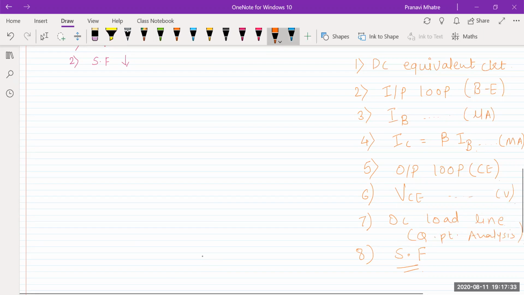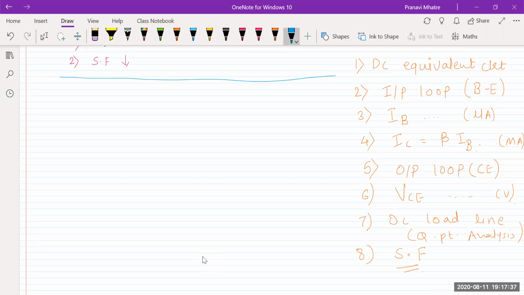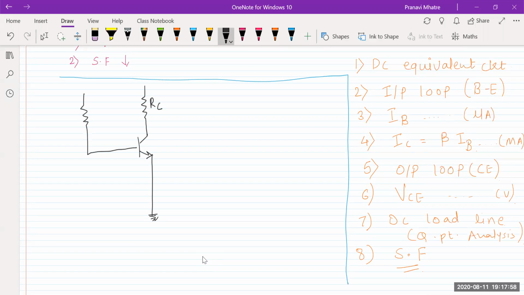Keeping all these points in consideration, first of all, for the analysis I'll draw my BJT. The emitter is connected to ground. The collector is connected to RC. The base is connected to RB.